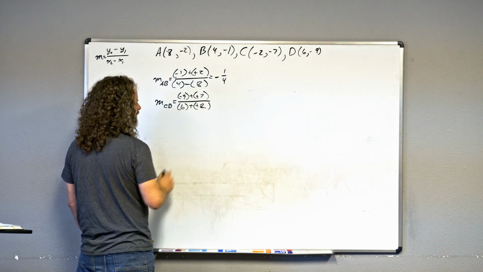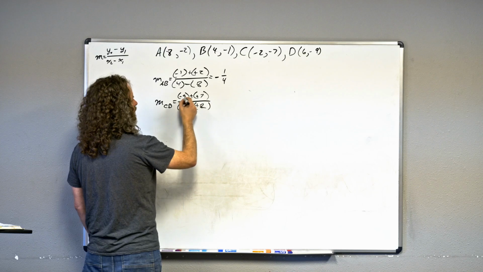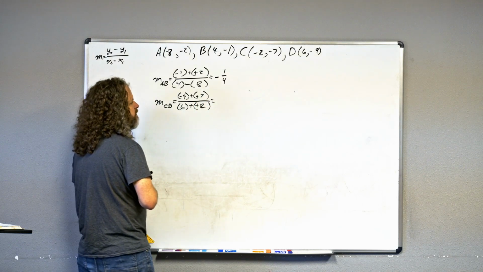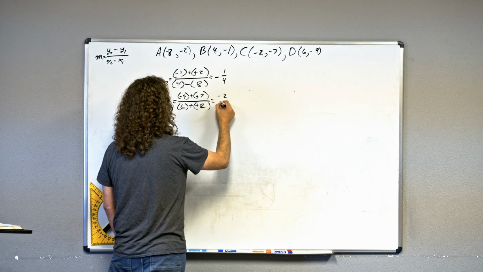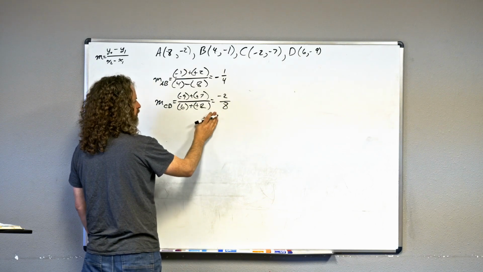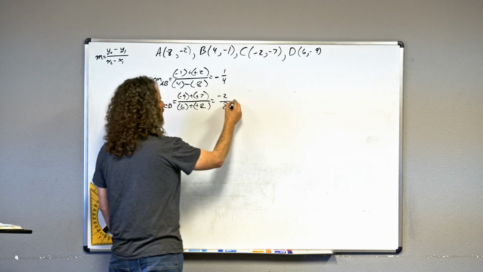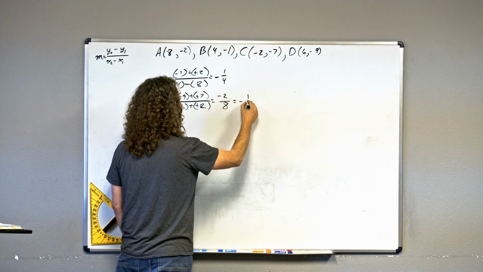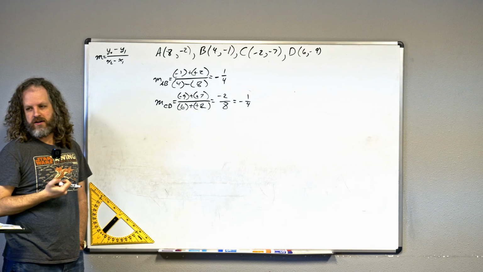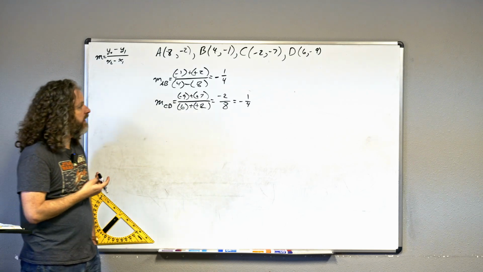Ka-chink those, right? -9 plus 7 is -2. 6 plus 2 is 8. Now, this guy reduces, right? So this equals -1/4. Since they're the same, these two lines are what? Parallel. They're parallel.